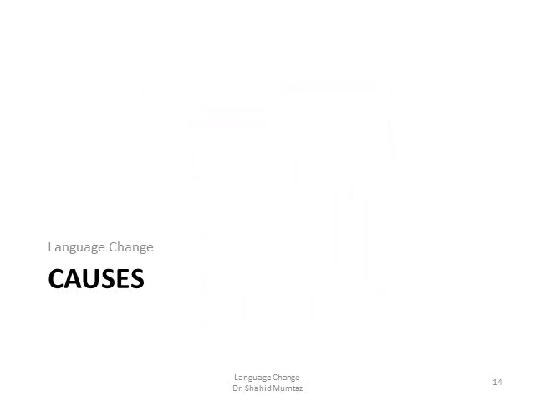So now we will see what the causes of language change are. I will look at some important causes, but the causes are not limited to the discussion in this lecture. You may search for more causes and include them in your assignment.